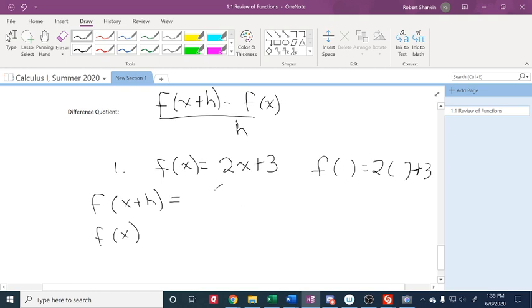So I'm going to substitute x plus h in every time I see the x. What f of x means, well, it just means 2x plus 3.